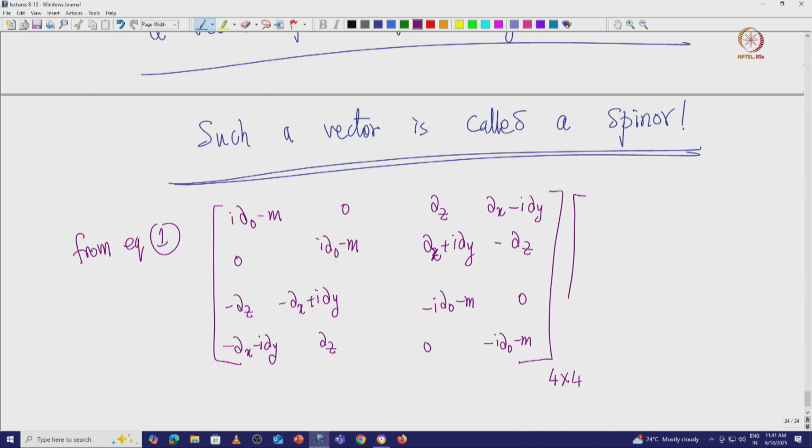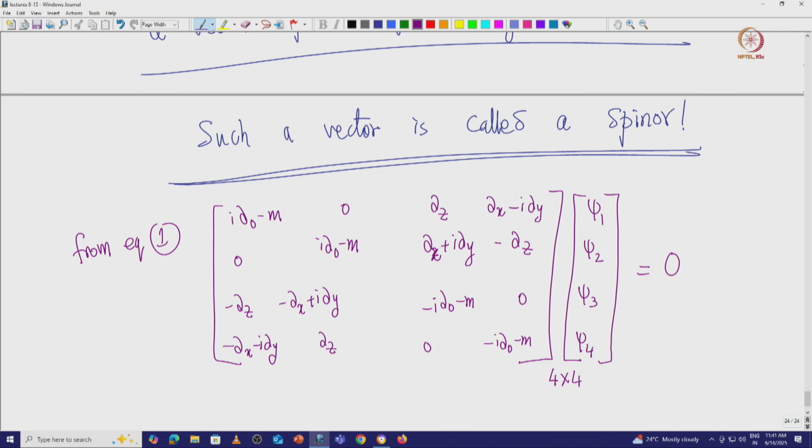So the full wave function can be written in terms of psi 1, psi 2, psi 3, psi 4. So the Dirac equation is essentially each equation multiplying this psi 1, psi 2, psi 3, psi 4 is equal to 0.